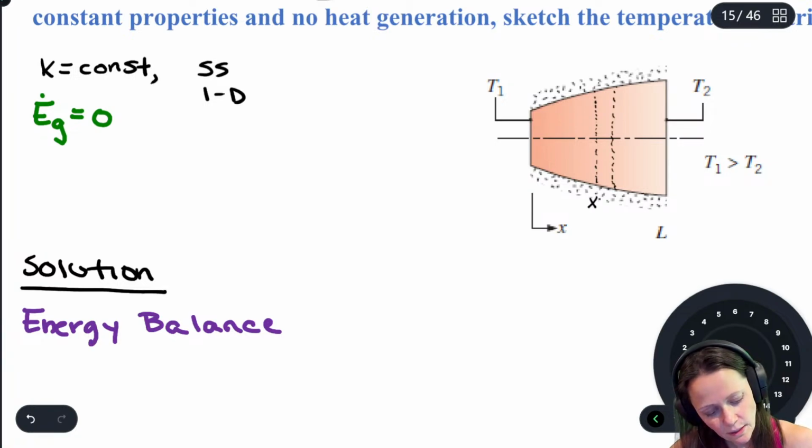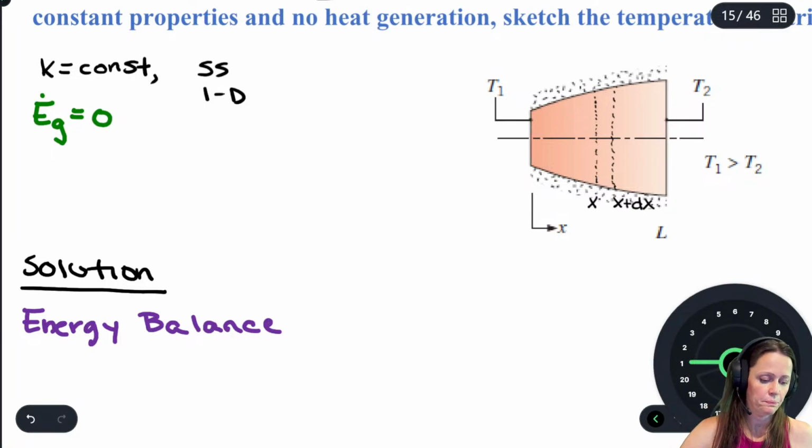So let's call this x, and this is going to be x plus dx. Perfect.